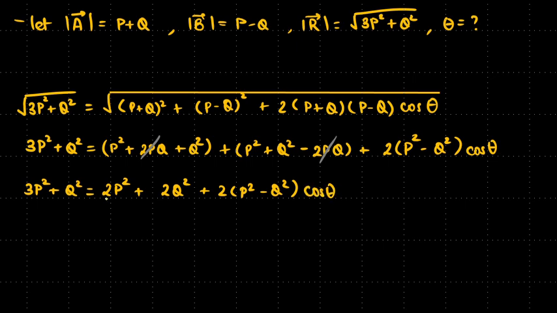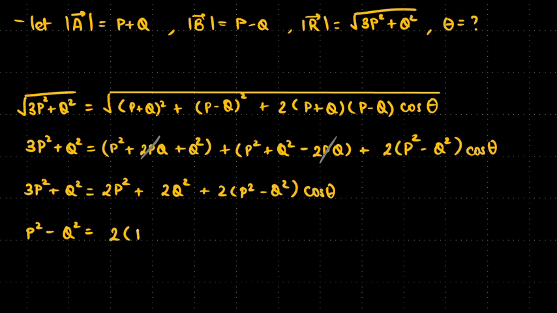So let's take this part and subtract it from here. Subtracting both sides by P squared and Q squared, we get 3 minus 2, which leaves just P squared, and 1 minus 2 leaves minus Q squared.